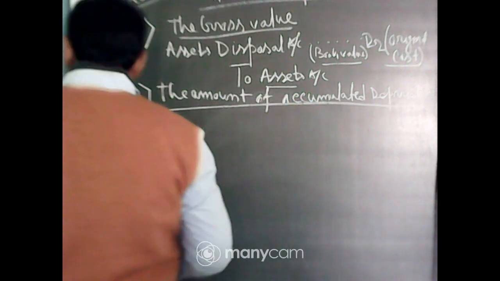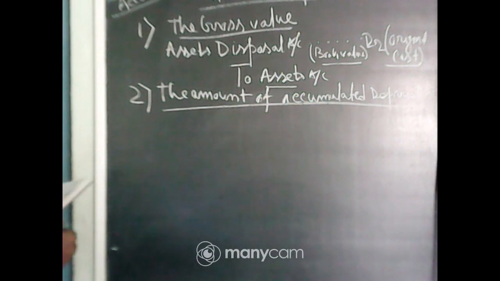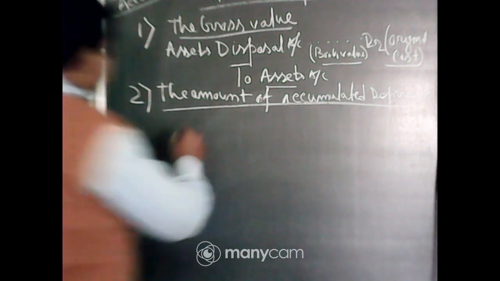When we are maintaining the provision for depreciation account, what entry do you have to pass?